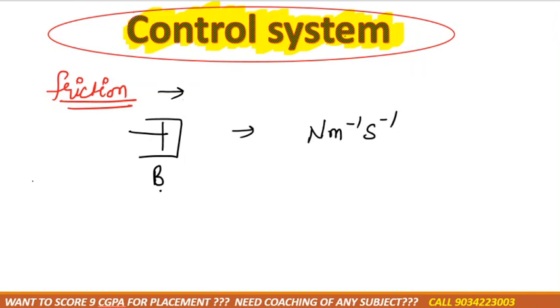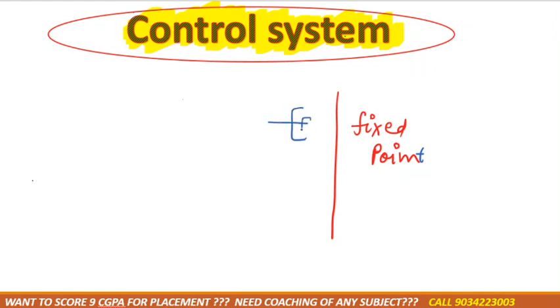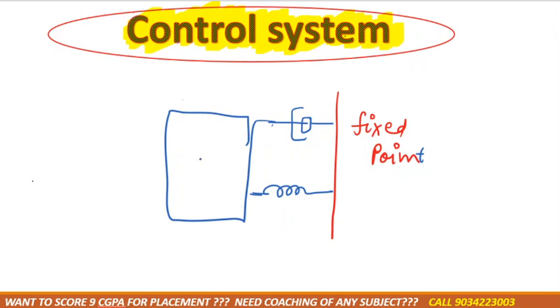Okay, now suppose you have a system, like suppose this is a fixed point, and from the fixed point they have connected a damper like this, they have connected a spring like this, and then both are connected with the mass like this.